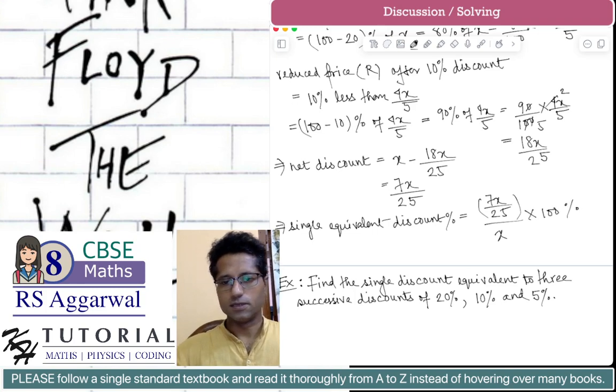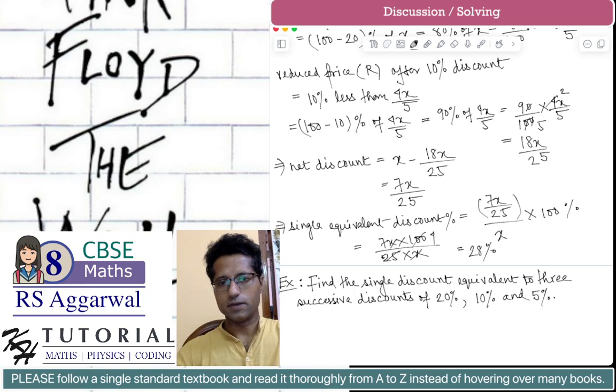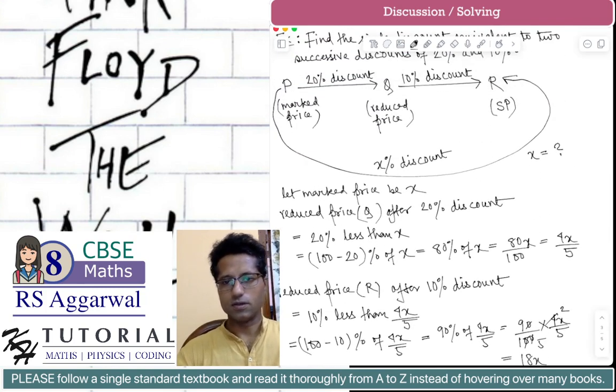This is equal to, after simplification, 7X multiplied by 100 divided by 25 multiplied by X. X cancels out, 25 divides 100 with 4, and this is equal to 28%. So the net discount was 28%. The net single discount was 28%.